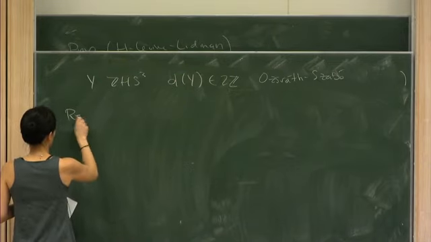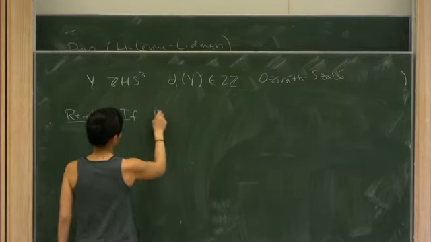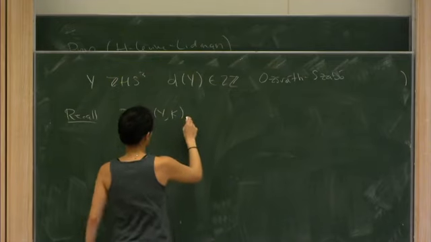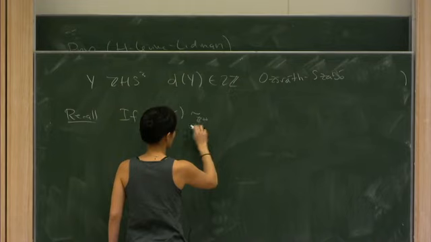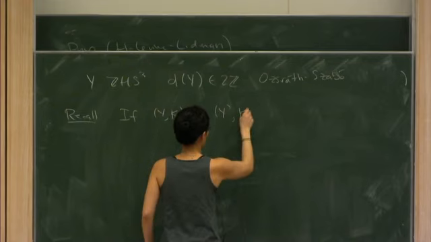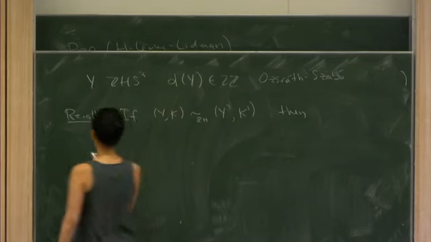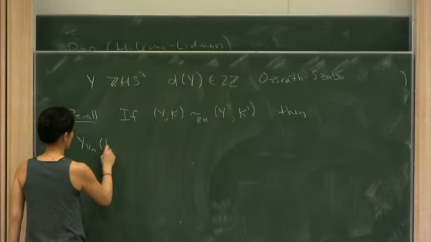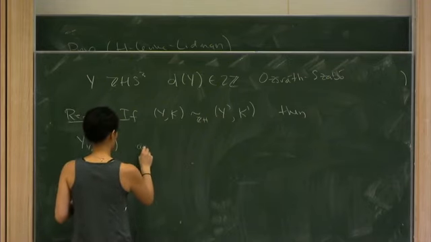So the first thing to recall is that if K in Y is concordant in homology cobordism to K' in Y', well then, if you do 1/n surgery along each of them, these are homology cobordant.